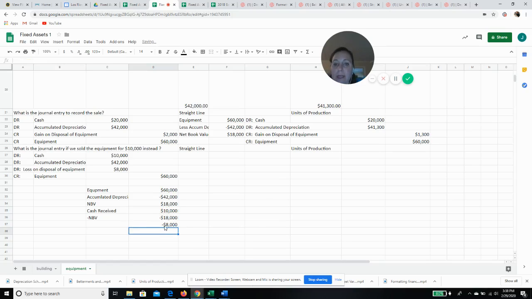And that's going to give me the negative 8,000. The negative is what lets me know it's a loss. If this was positive, then it would be a gain. So we take our cash that we received, or whatever value we receive, and subtract our net book value.